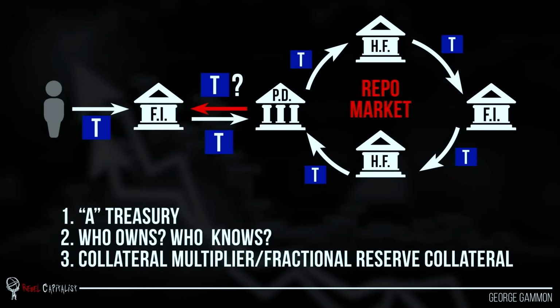It's the exact same way with collateral: it's being used multiple times, but it only has one owner. There's far more collateral that exists than is on the actual balance sheets of the individuals who really own the collateral. So the whole point here, if you're not following, is that the banking system creates its own money and its own collateral.